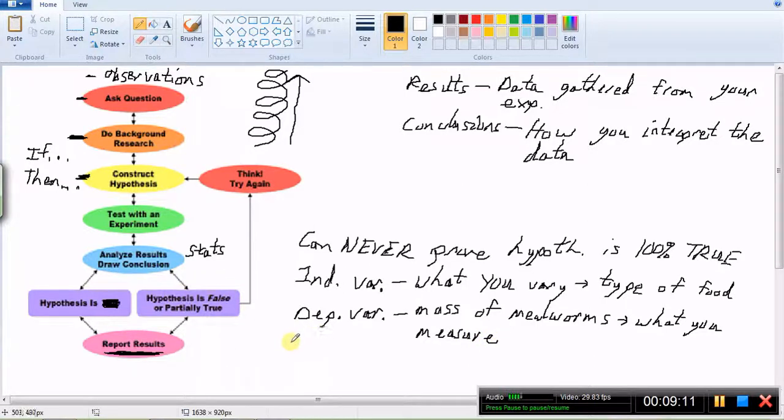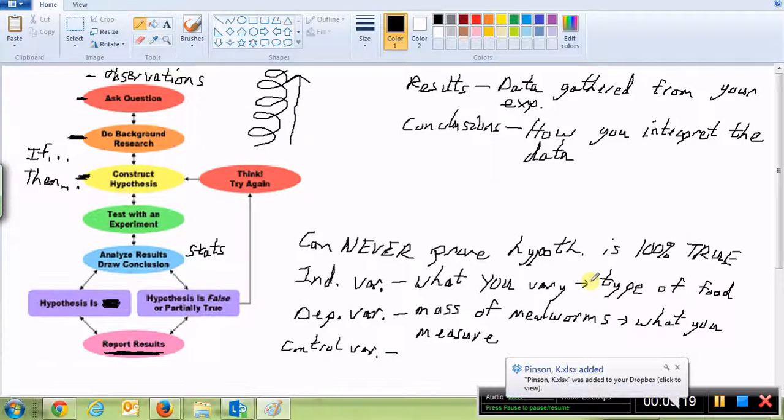And our last type would be the control variables. Control variables are all the other things that you're trying not to change. Because when you're doing science, you only want to look at one variable at a time, right? If I was changing more than the type of food, I wouldn't know what was causing the mass of mealworms to change.